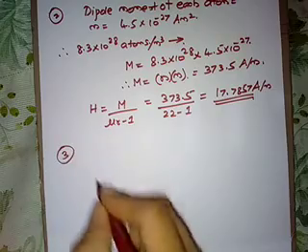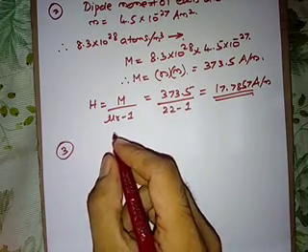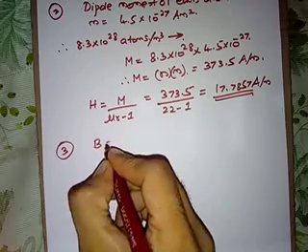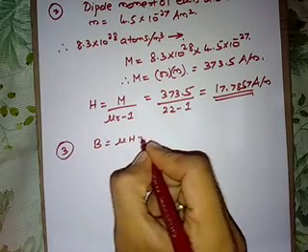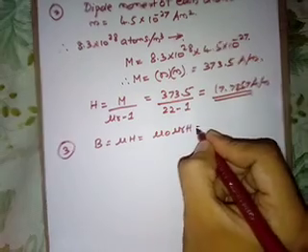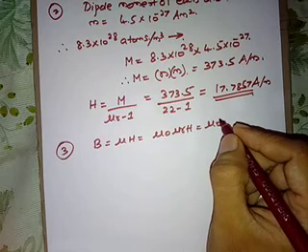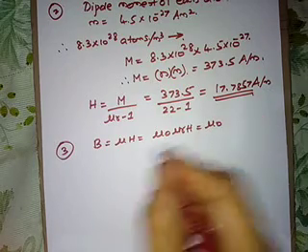The third part of the problem. In the third part, magnetic flux density is given. So B is equal to mu into H, that is mu naught mu r H. What is mu r? Mu r is 1 plus xi m, since xi m is equal to mu r minus 1.